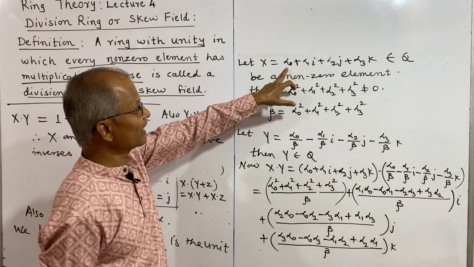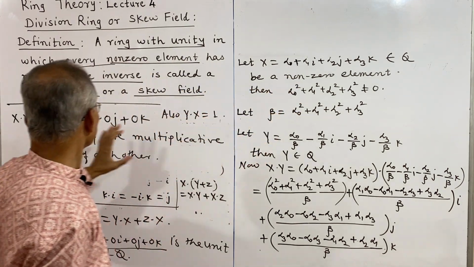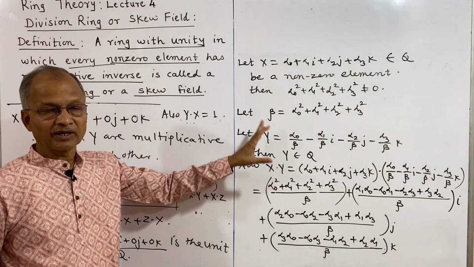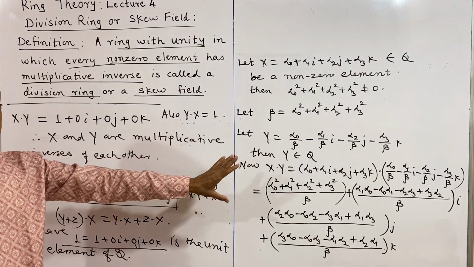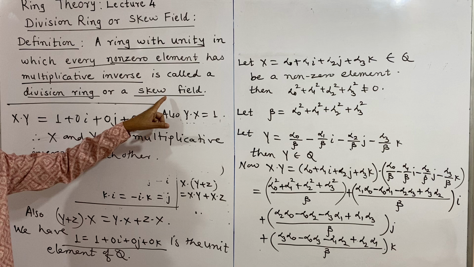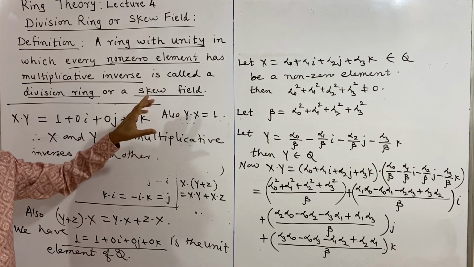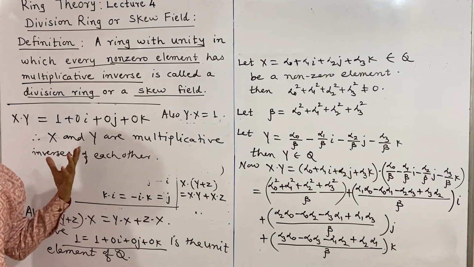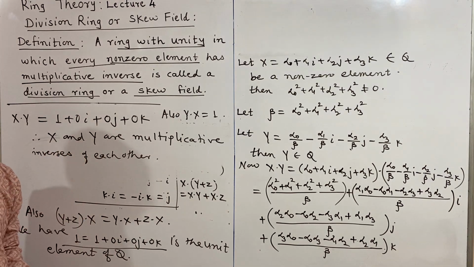We have considered x a non-zero element, and we have shown that y, which is defined like this, is the multiplicative inverse of x, and thus this forms a division ring, or what is known as a skew field. So this is a special example of a division ring, which is known as the ring of real quaternions.